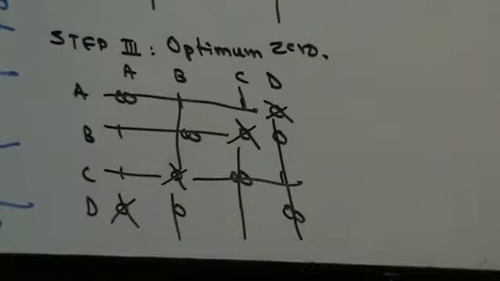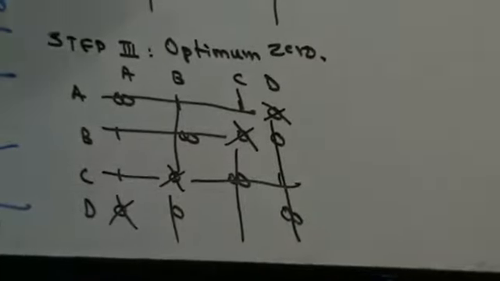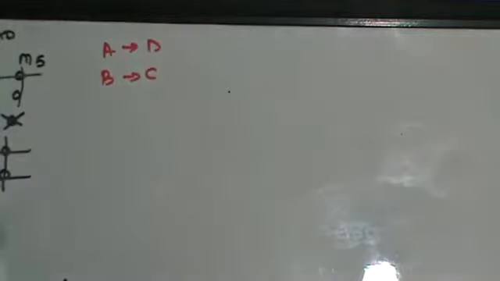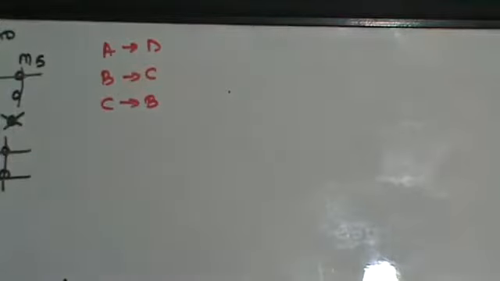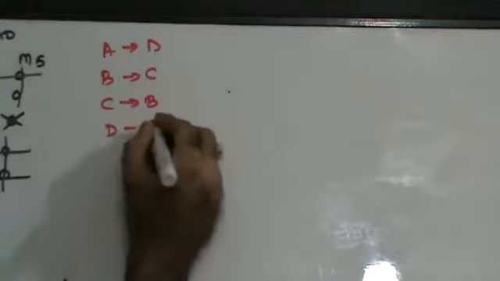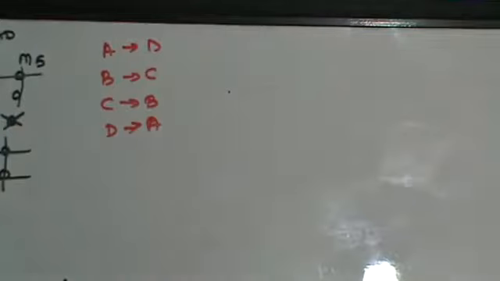Now, when you have infinity, how you find the optimum value is going to change. So now observe very carefully. A corresponds to D, B corresponds to C, then C corresponds to B, and D corresponds to A. Now out of this you will see that two of them are the same.